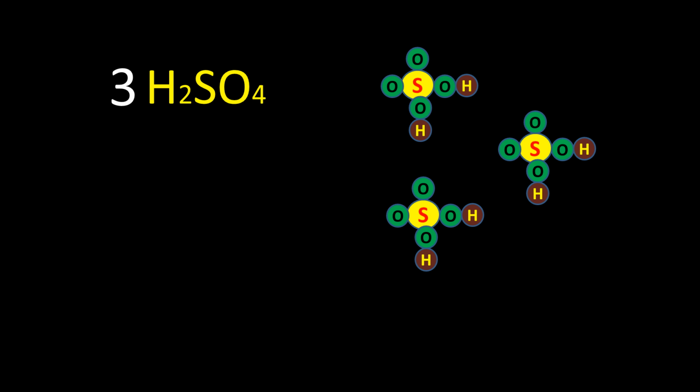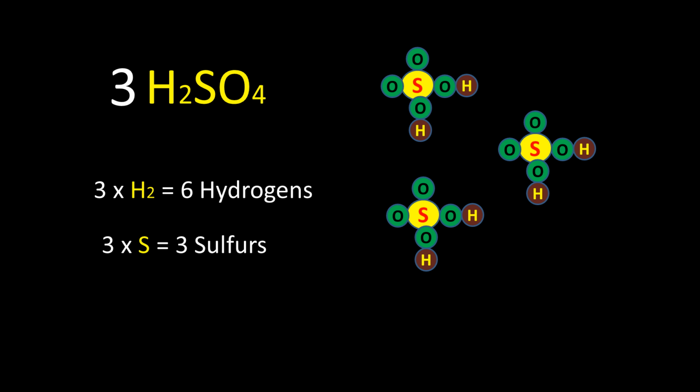Those are our 3 molecules in total. Now, in order to determine how many atoms there are of each element, we're going to multiply each by 3. So our 2 hydrogens multiplied by 3 becomes 6 hydrogens in total. Our 1 sulfur multiplied by 3 comes to 3 sulfurs in total. And then our 4 oxygens times 3 equals 12 oxygens in total.